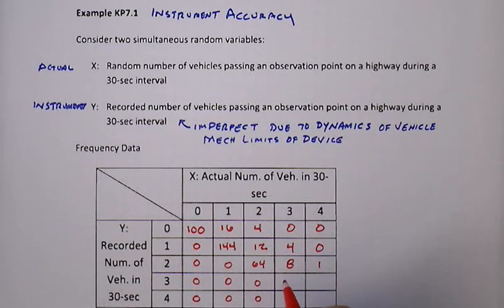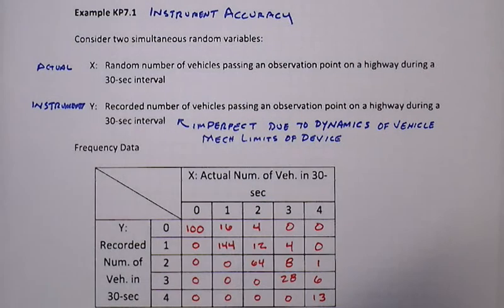Then 3 and 3 is 28 times, 6 times we had an error of 1, and then finally we had 13 times that we had 4 recorded, and 4 actually did happen. Okay. So that gives us a total of 400 30-second intervals.